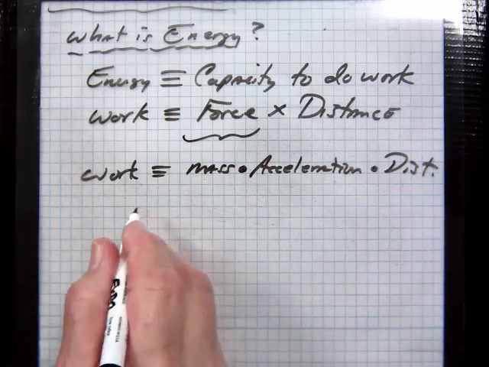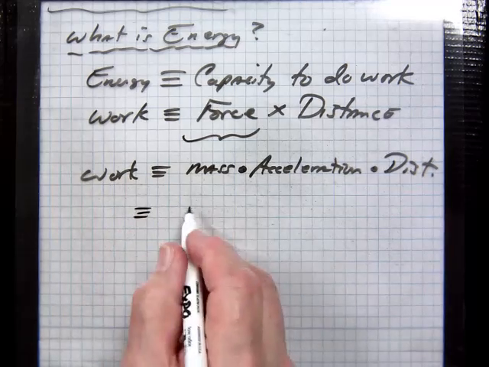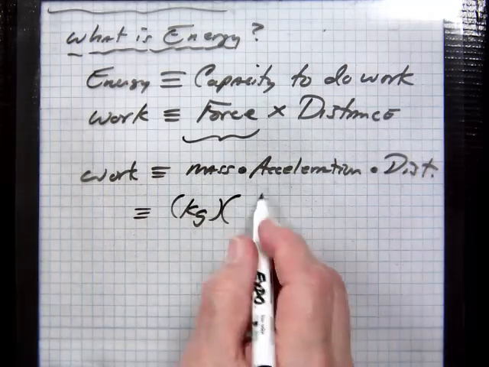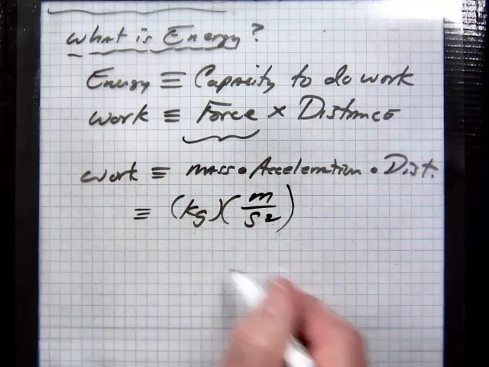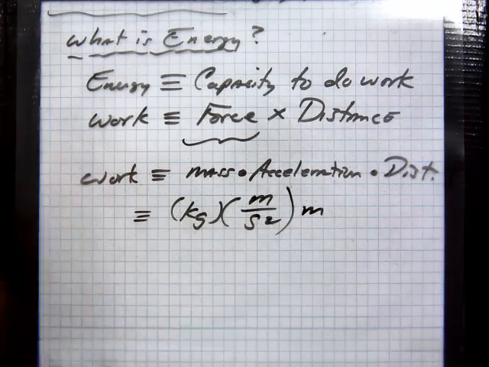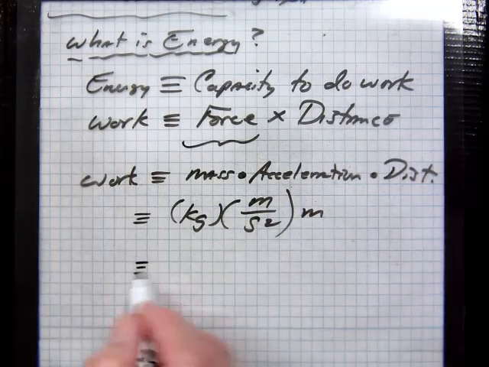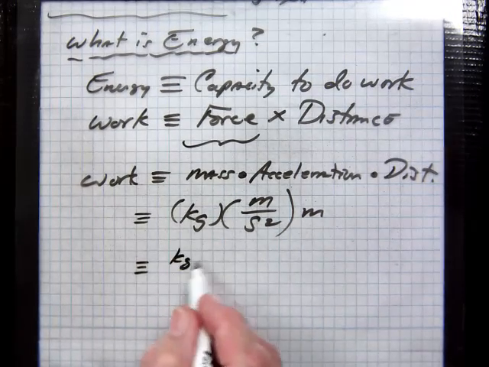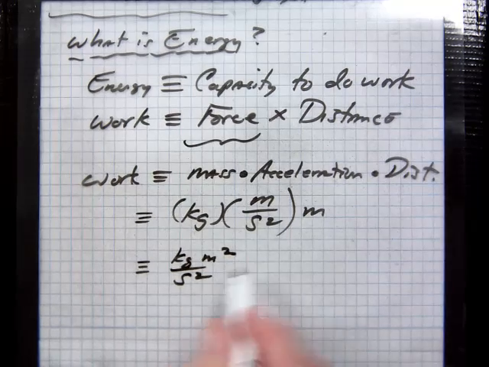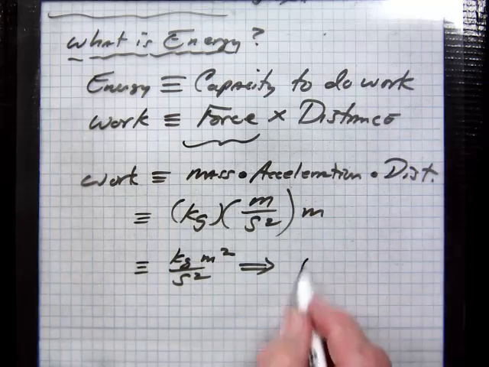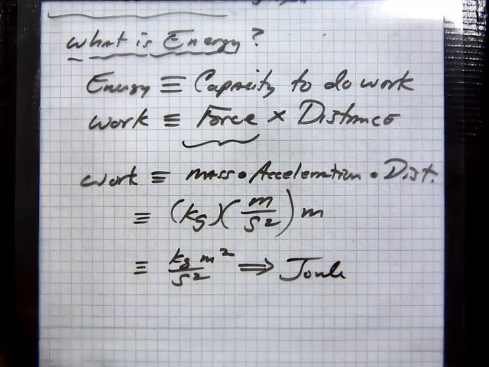If we put in the SI units for this, mass is kilograms, the SI unit for acceleration is meters over second squared, and distance is another meters. And so this gives us a complex unit, kilogram meter squared over second squared, and this is redefined as the joule. So 1 joule is 1 kilogram meter squared per second squared. That's where it comes from.